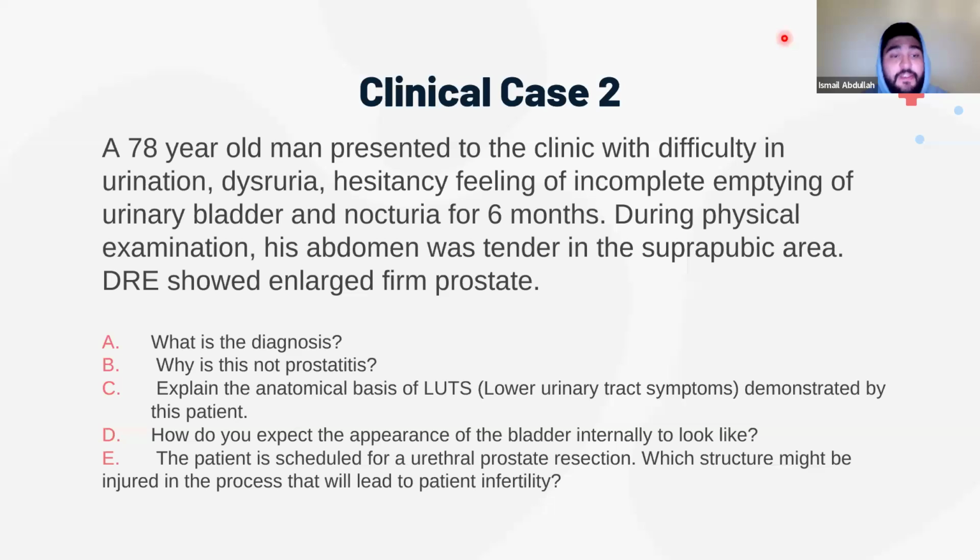How would prostatitis be different on a DRE? Because this says it's an enlarged and firm prostate. So if it was prostatitis, how would it be? Yeah, it wouldn't be firm. So it's going to be soft and tender upon examination. So prostatitis would be soft and tender.